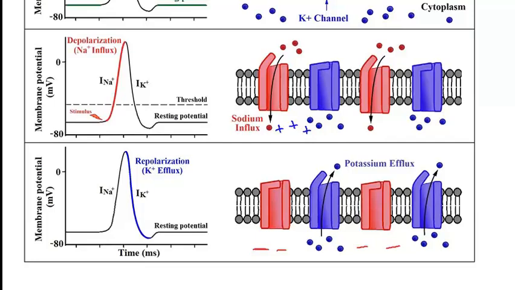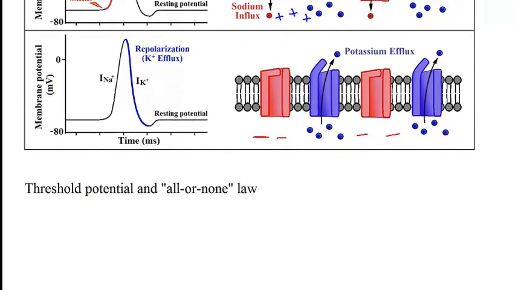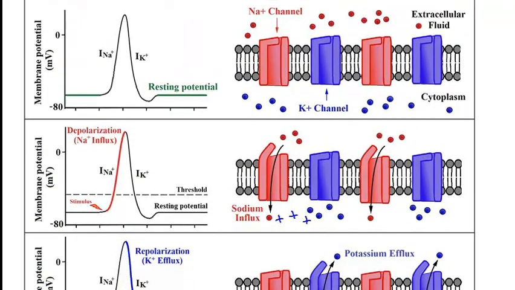Now here I would like to focus on the concept of the all or none law of threshold potential. And basically what this means is that in order for depolarization to happen, we have to reach the threshold. It doesn't matter if our stimulus reaches just close to the threshold and then it goes back down, we still won't have depolarization.